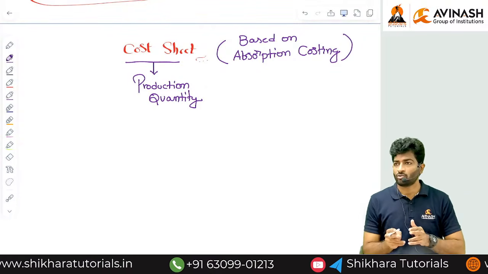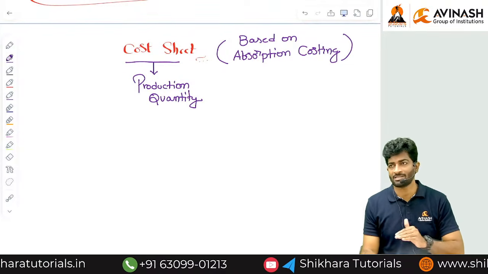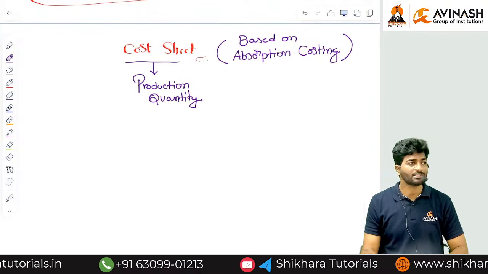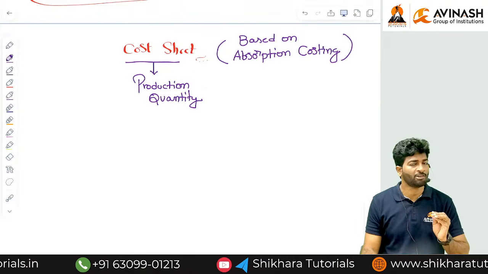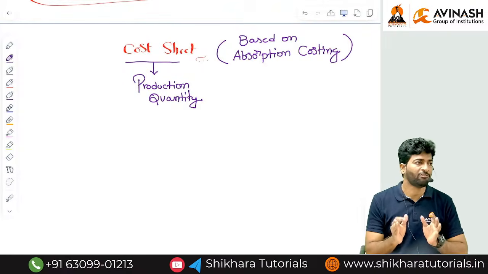We know two different categories of methods of costing: one is the marginal costing system and the other is the absorption costing system. In marginal costing, each and every expense we classify into two categories, variable and fixed.